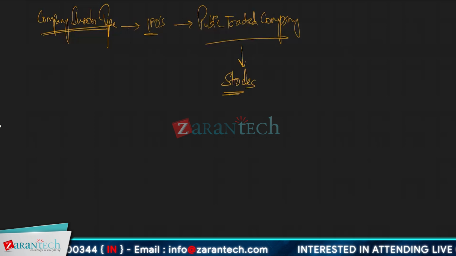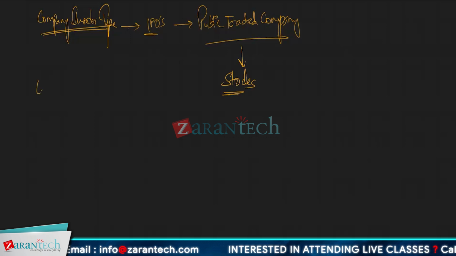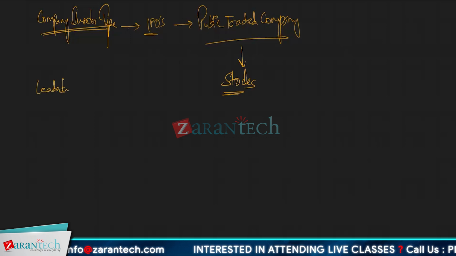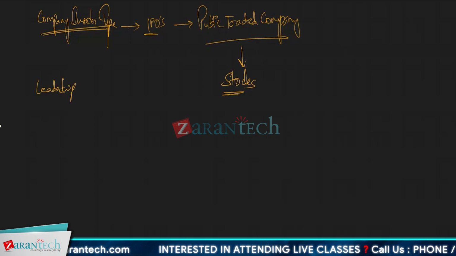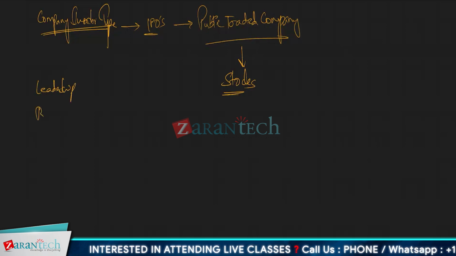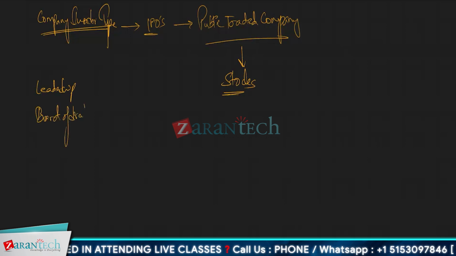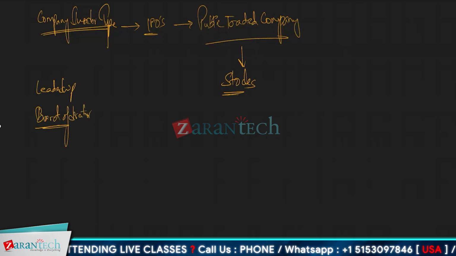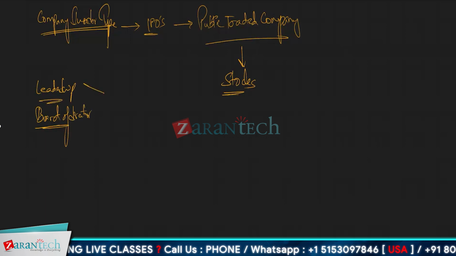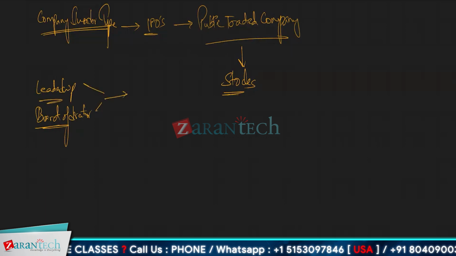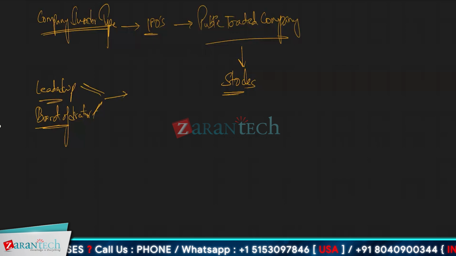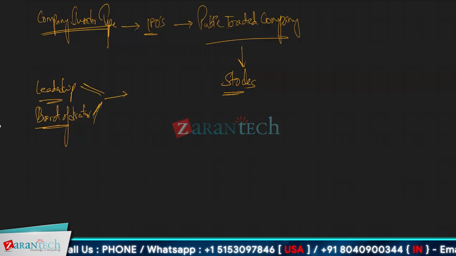Now, in a company, especially if you are part of the leadership, or even if you are part of the board of directors, you might have information that can potentially affect the stock.